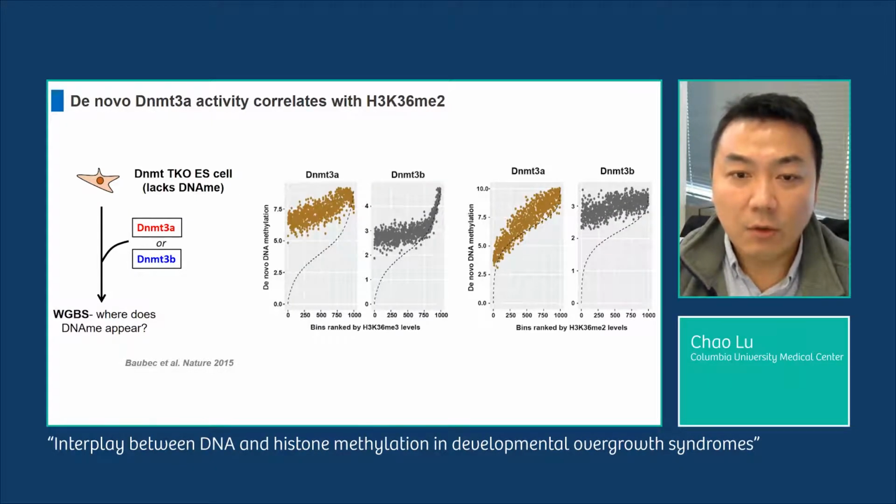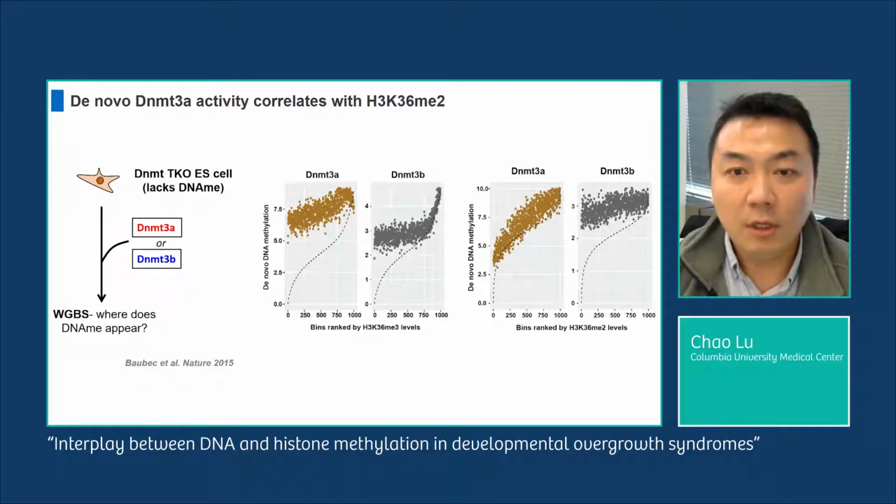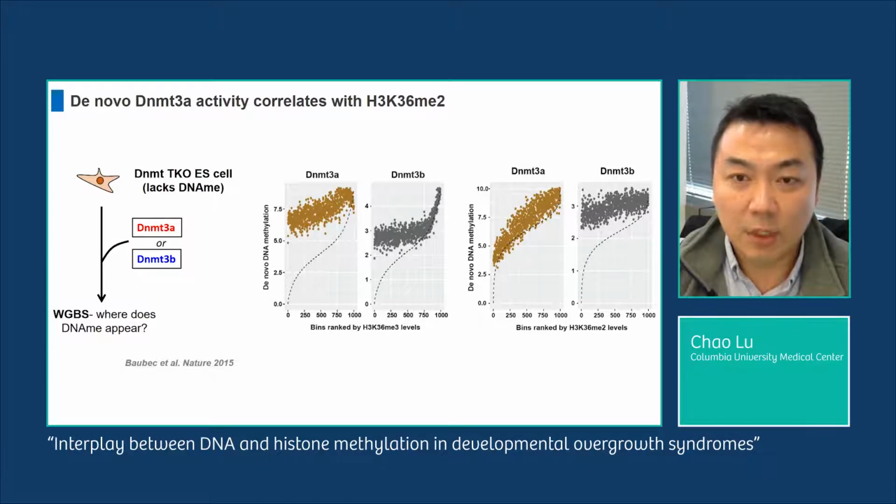So shown here, when we look at the genome and rank regions by the levels of H3K36 trimethylation, shown on the left part of the panel, we can see that the Dnmt3b binding, but not the Dnmt3a binding, correlates very well with the levels of H3K36 trimethylation.